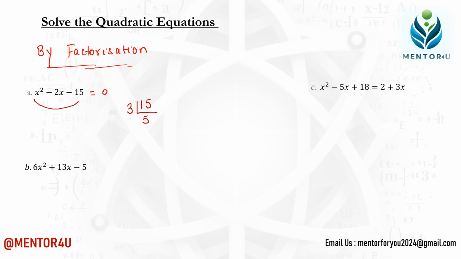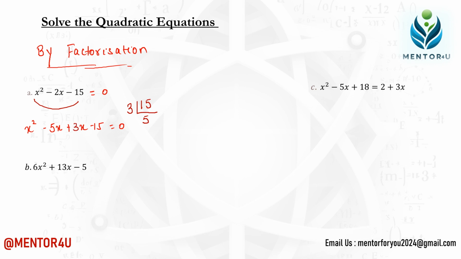So the only possible pair is x square minus 5x plus 3x minus 15 equal to 0. Sorry, it's not 2x, it should be 3x.